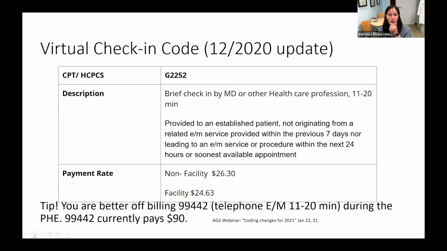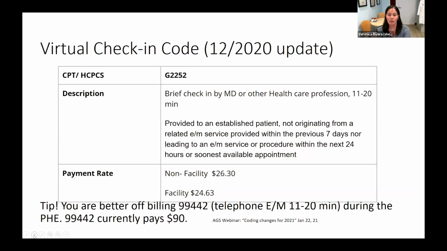There is a different code called the virtual check-in code, which is a G2252. I will say most agree that you're better off billing the 99442 code, as this is a higher reimbursement. But this is to use if needed for a brief check-in by a physician or other healthcare professional between 11 and 20 minutes.